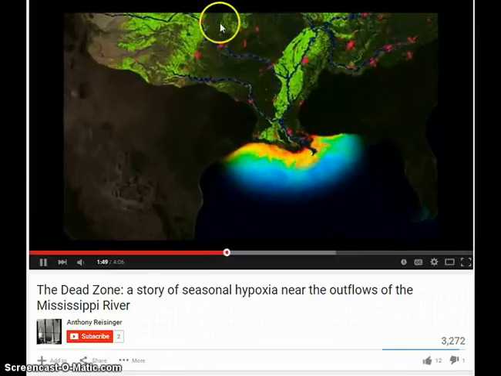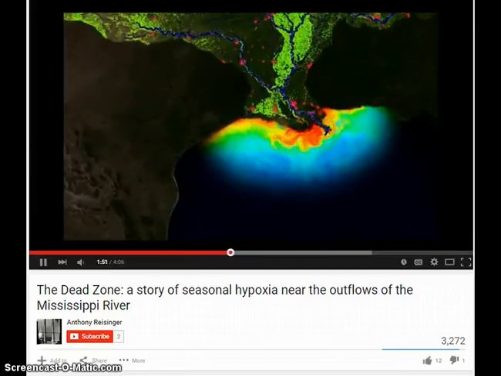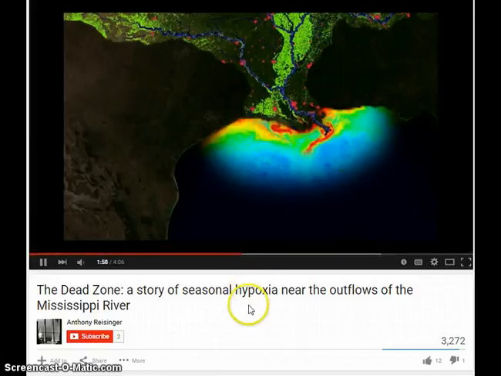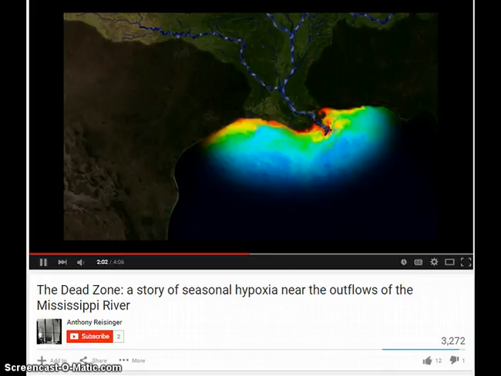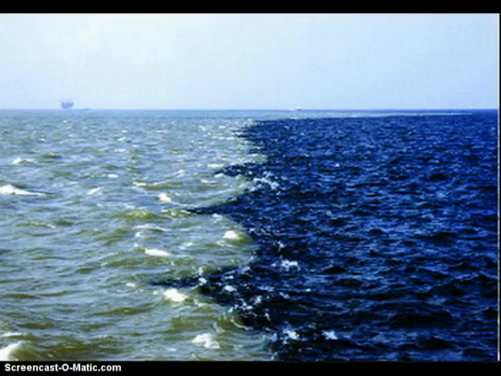So here you can see that sewage runoff, agriculture runoff going into the dead zone. Hypoxia means low oxygen, so that's the same thing as what we were discussing before with eutrophication. And here's a picture showing where the dead zone water meets the ocean water in the Gulf of Mexico.